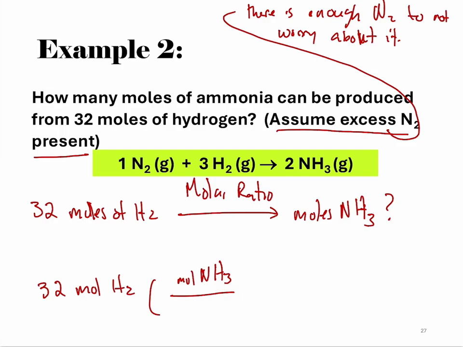And in the denominator, we want moles of hydrogen to cancel out. What goes in the numerator? 2, right? Because 2 comes from our balanced chemical equation. In the denominator, we have 3, right? Because we have 3 moles of hydrogen for every 1 mole of this reaction that happens.